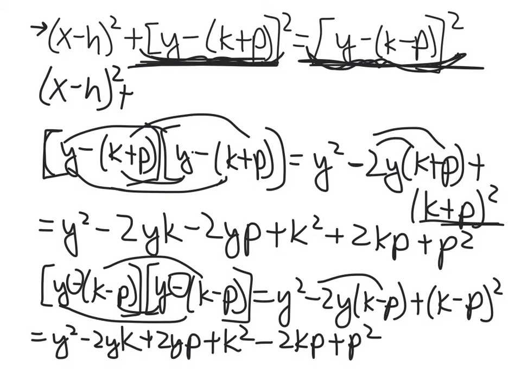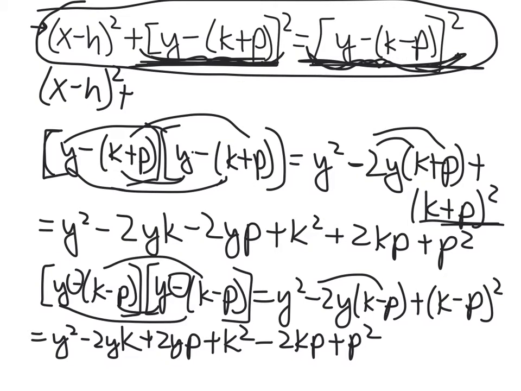So all of that goes back up into this equation. We'll have our x minus h quantity squared plus this equals this. Well, let's go on to the next page so we can see what we're doing.